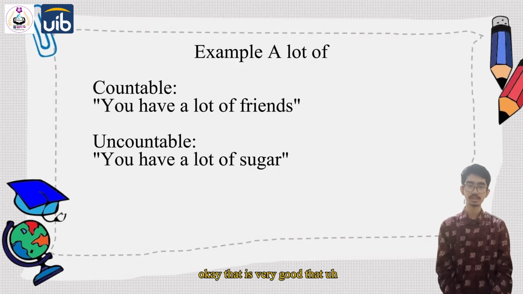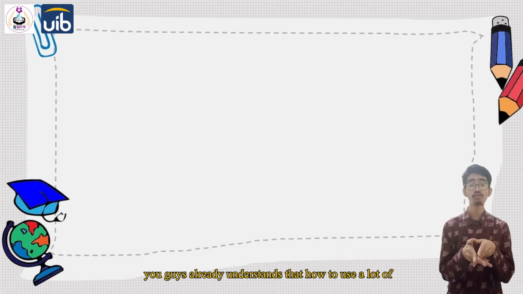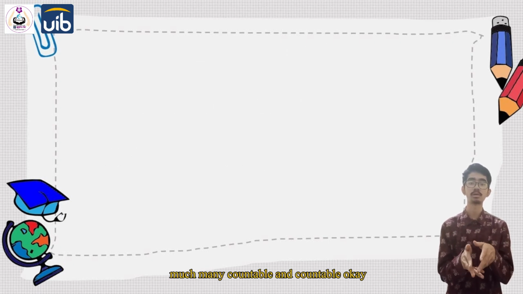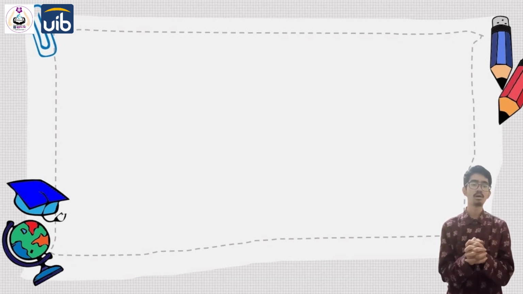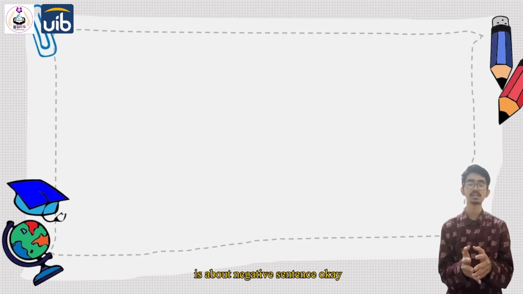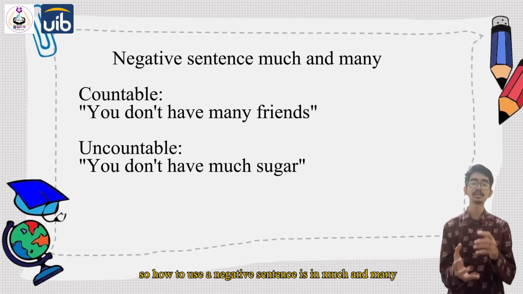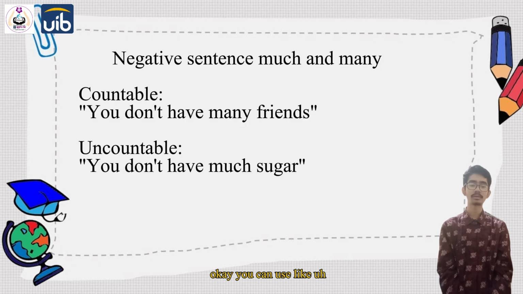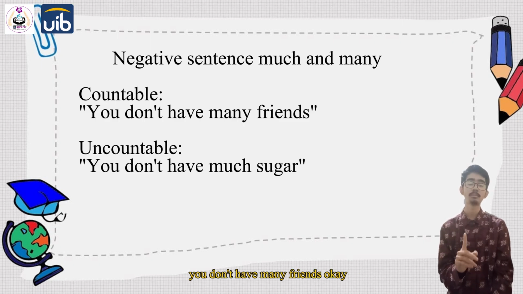Have you understood what I'm explaining today? That's very good that you already understand how to use a lot of, much, many, countable, and uncountable. The last thing I need to explain is negative sentences with much and many. For example, you don't have many friends.